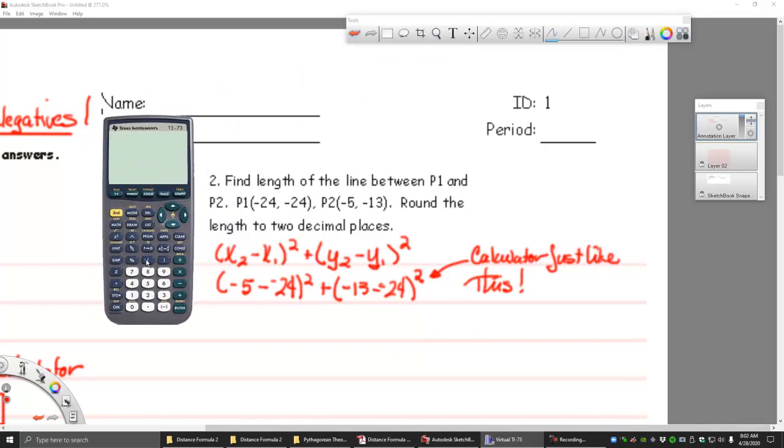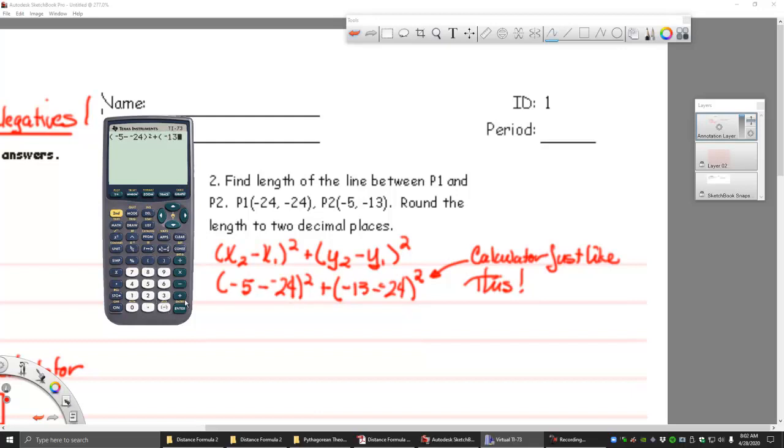Okay, so parentheses, I have a -5, subtract a -24, square it, add parentheses, I've got a -13 minus a -24 quantity squared.